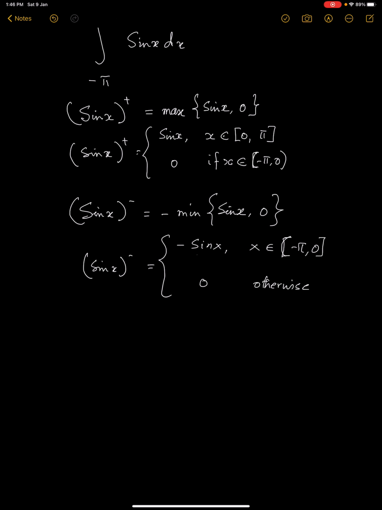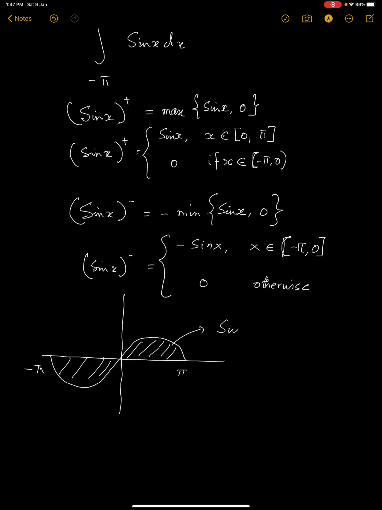So sine x is negative in minus pi to 0. If you look at the graph from minus pi to plus pi, this is your sine x, and my drawing may not be very good. The two areas under this part and this part look very symmetrical.